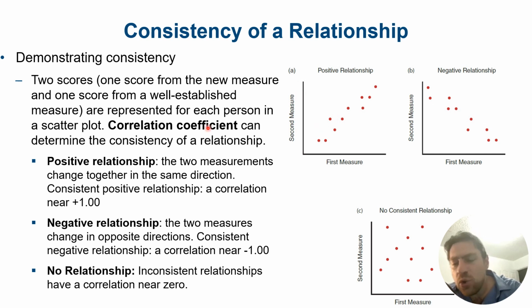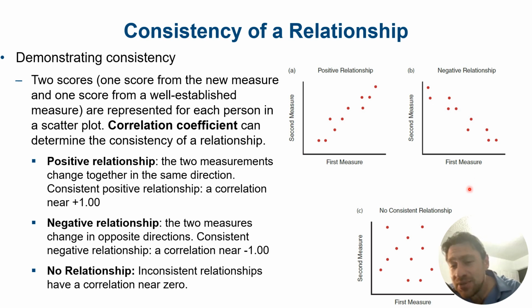Now, if the correlation coefficient is negative, then you have a negative relationship, meaning that an increase in one variable results in a decrease in the other variable. So, for example, the number of homework assignments and the number of hours spent sleeping might have a negative relationship. So the more homework you have, the less time you have to sleep.